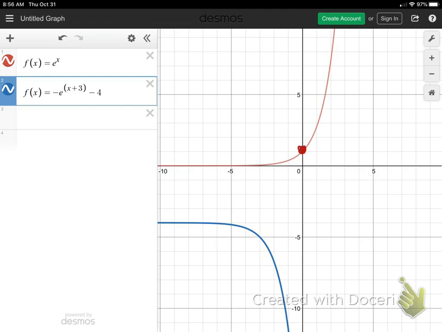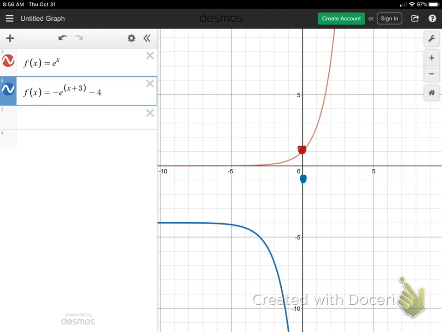That I messed up. It reflects across the x-axis. I'm sorry. Thank you, Lindsay. Okay, and here is where that point ends up.